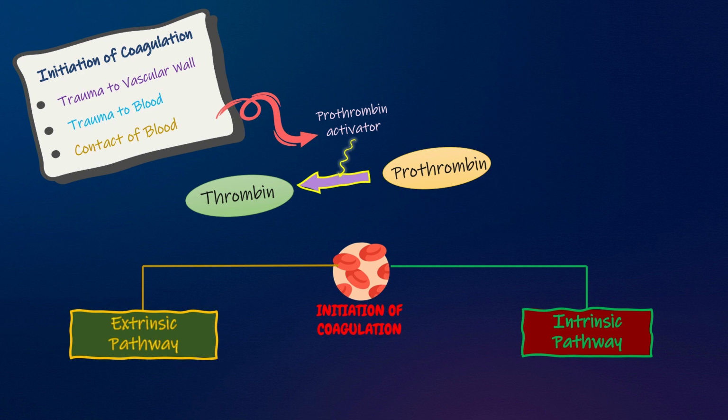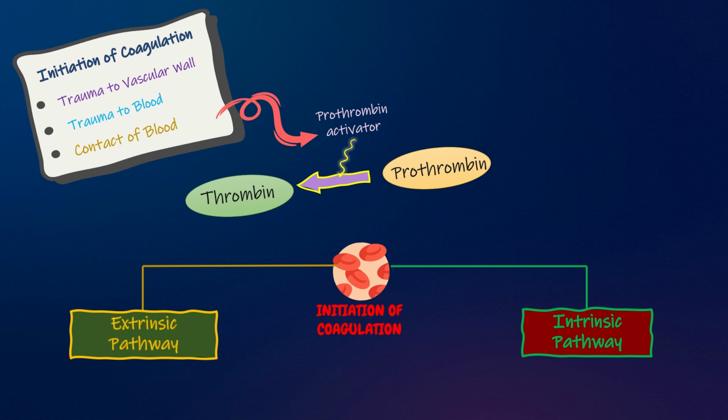In both the extrinsic and the intrinsic pathways, a series of different plasma proteins called blood clotting factors plays a major role. Most of these proteins are inactive forms of proteolytic enzymes. When converted to the active forms, their enzymatic actions cause the successive cascading reactions of the clotting process.